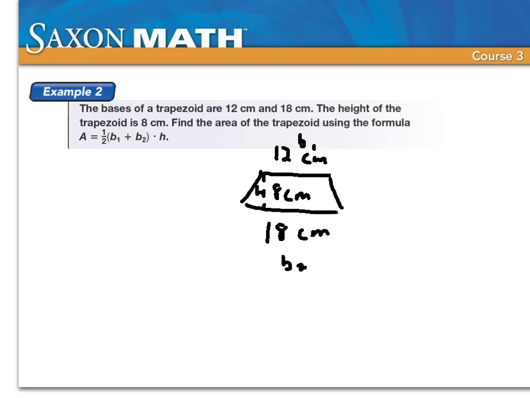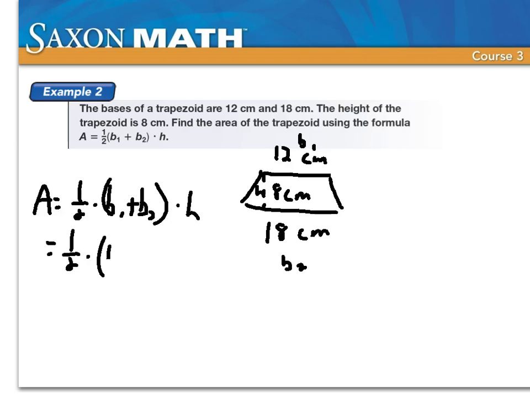Now we're going to use the formula. The area of a trapezoid is 1/2 times base 1 plus base 2. That goes in parentheses because we have to add those together before doing anything else, times the height. So we've got 1/2 times base 1 is 12 plus base 2 is 18, times the height, which is 8.